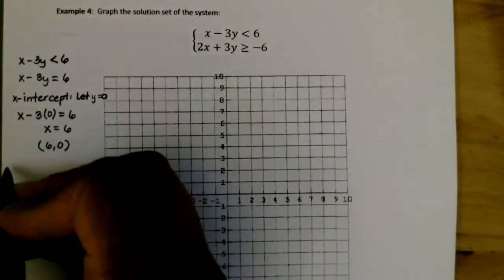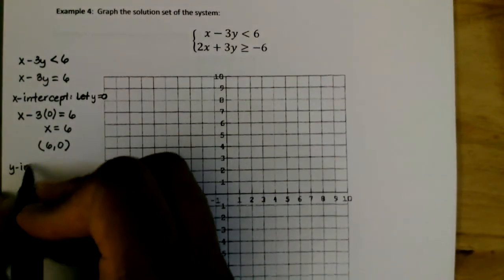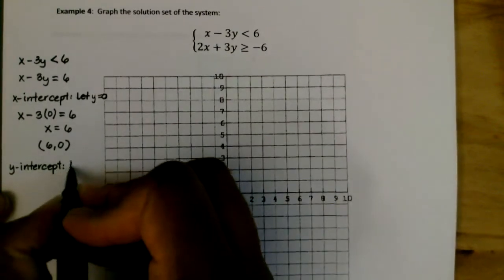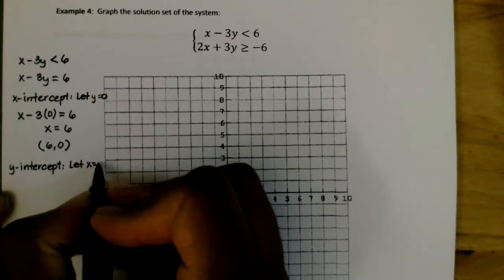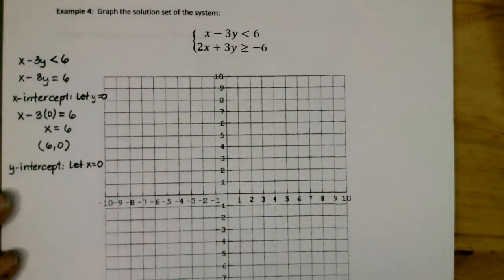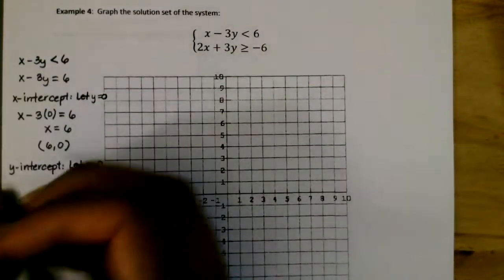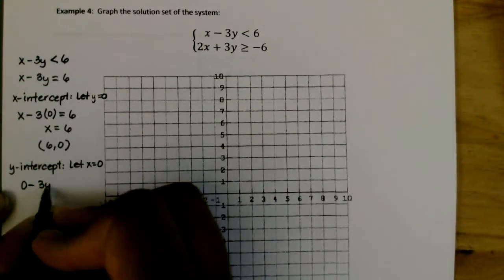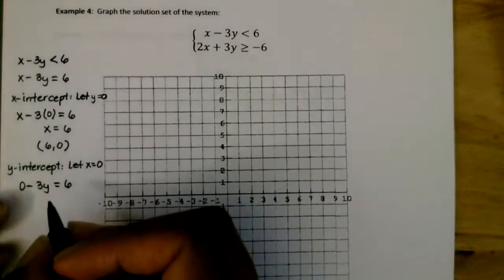And then for the y-intercept, here we're going to let x equal 0 and solve for y in this equation. So here x is equal to 0. This will be 0 minus 3y equals 6.